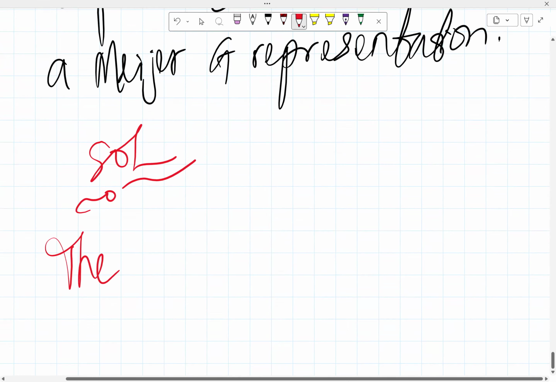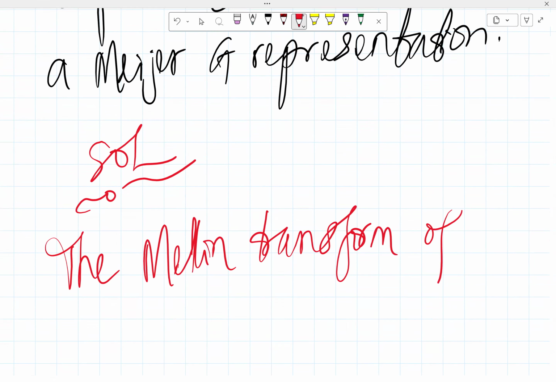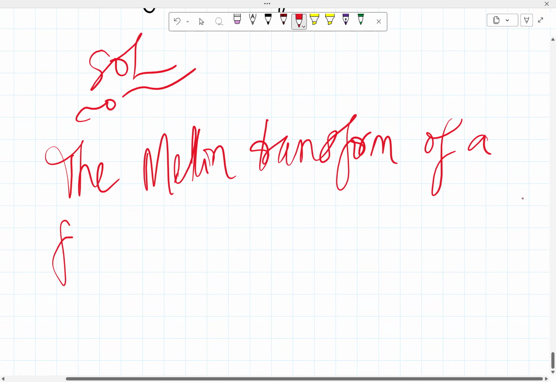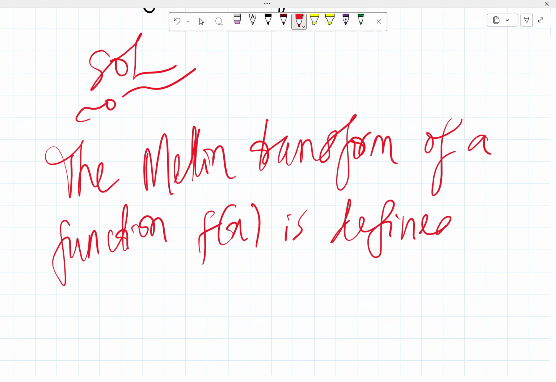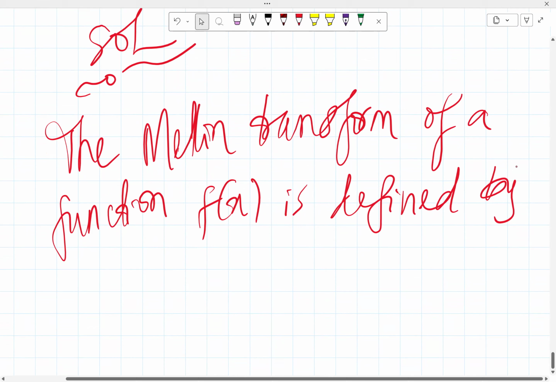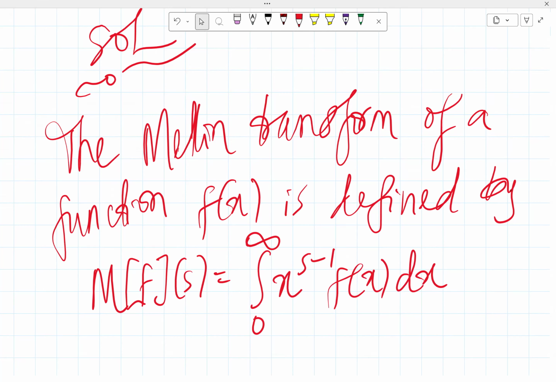We need to know that the Mellin transform of a function f of x is defined by M f of s equals the integral from 0 to infinity of x raised to the power s minus 1 times f of x dx.